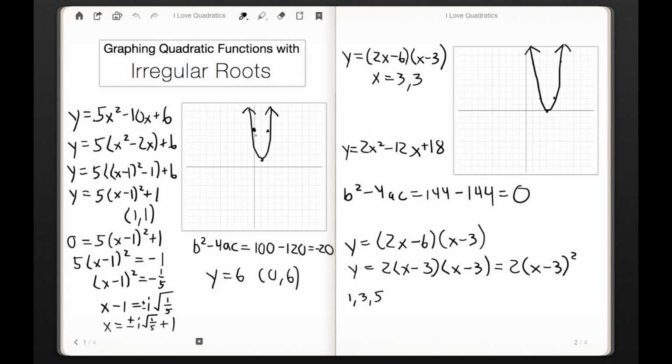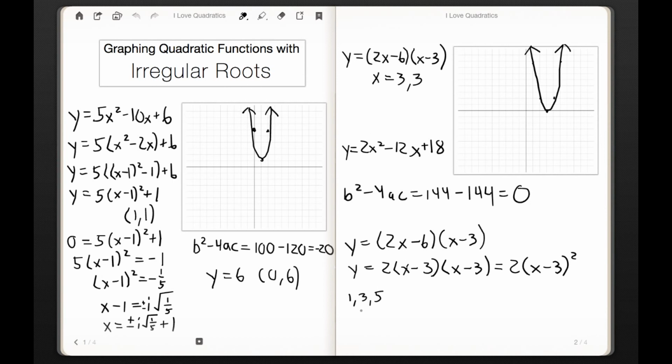You can try the y-intercept. You can try proving how many roots there are going to be with the discriminant before you start graphing, just so you know for sure. You can, in a problem like this, convert from the root form to the vertex form, and then use that method of graphing.